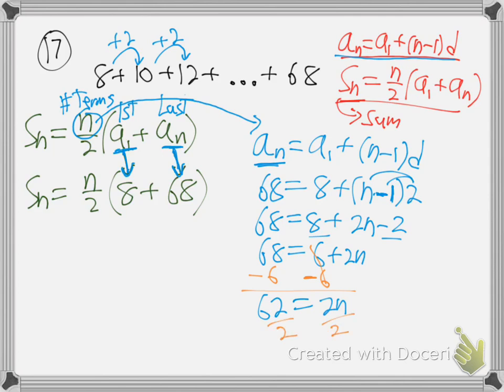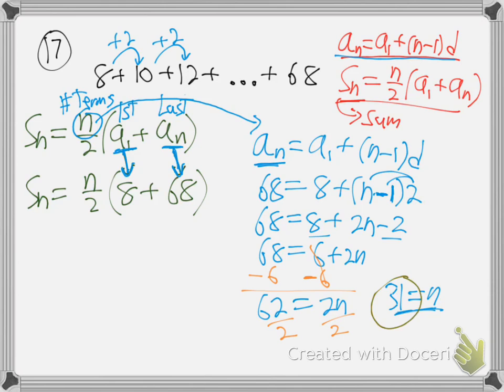Divide by 2. 31 is n. N is 31. So there's 31 terms up there. 31 terms.